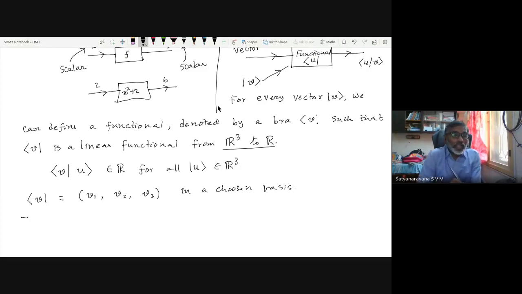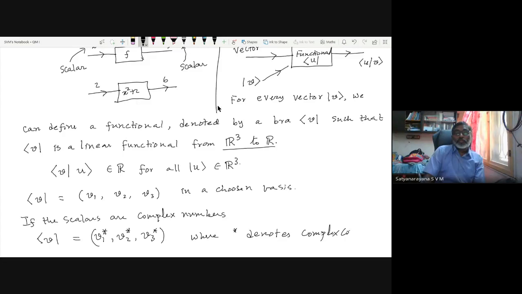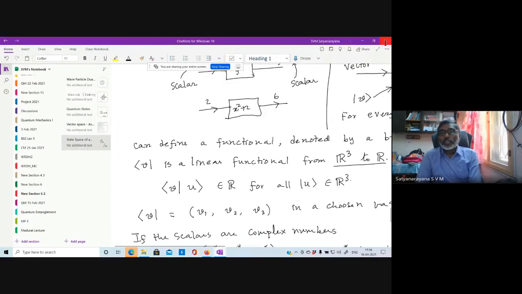Now, if the field is complex, that means if the scalars are complex numbers, then we have to write this bra v as V1 star, V2 star, V3 star, where the star denotes the complex conjugation operation.